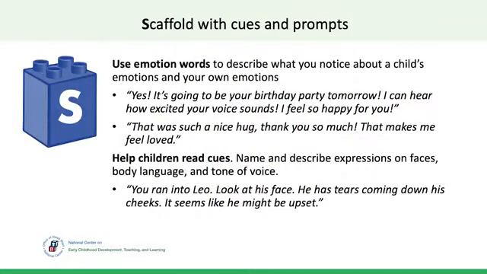And then the next scaffolding is about helping children read cues, because a lot of emotional literacy is not only being able to name and identify emotions in themselves, but being able to name emotions in others and notice how others might be feeling. So that scaffolding might be to cue children to look at their peers' face, or how they sound, or maybe even their body language, and that would help them start to cue into how somebody else might be feeling, right?